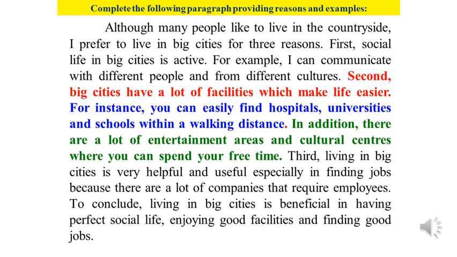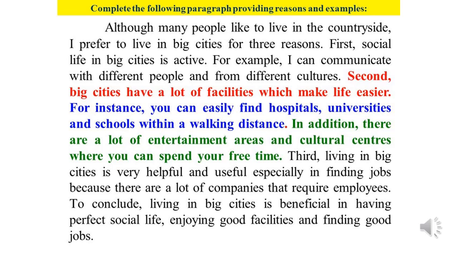Third, living in big cities is very helpful and useful, especially in finding jobs, because there are a lot of companies that require employees. To conclude, the concluding sentence, living in big cities is beneficial in having perfect social life, enjoying good facilities, and finding good jobs. Notice here the transitions used in the paragraph.